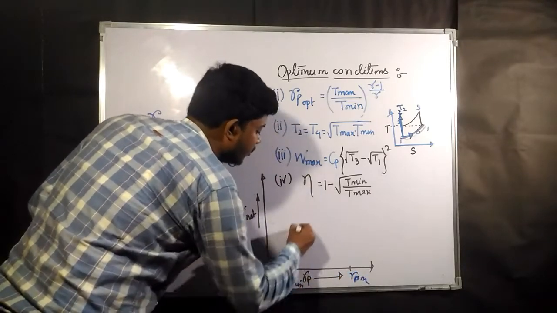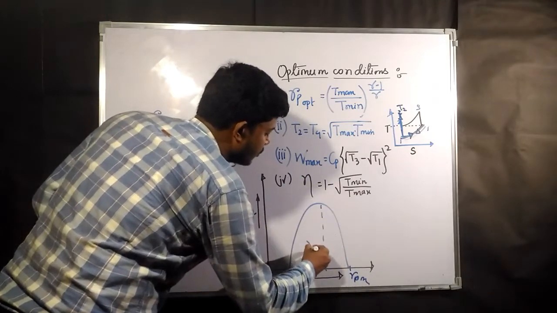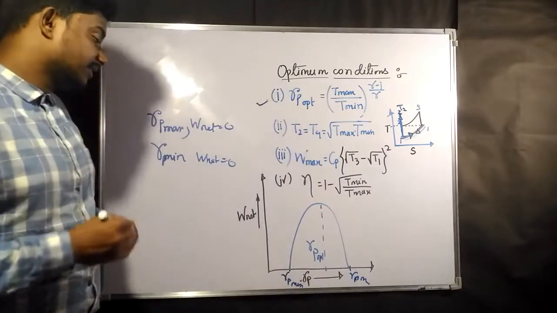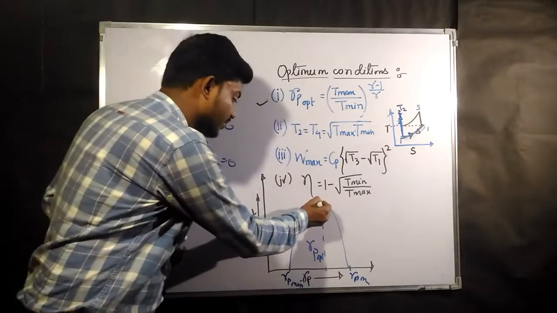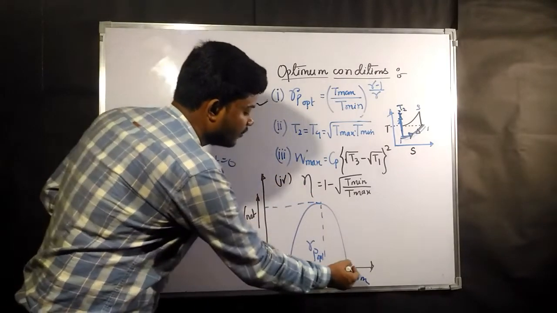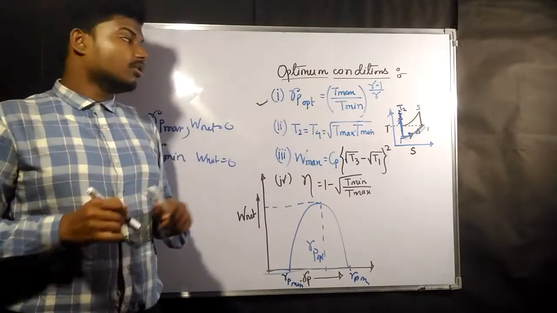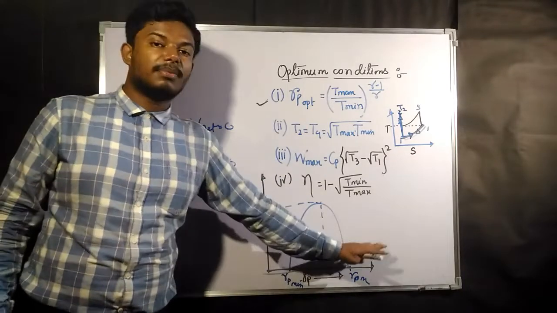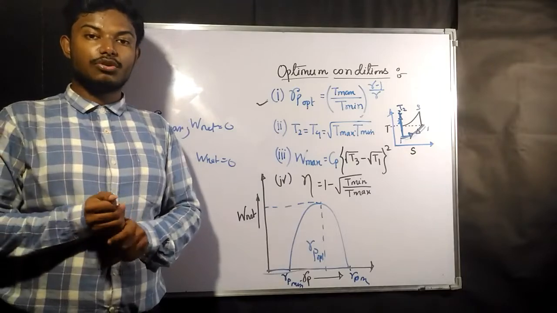If you draw a graph like this, in between somewhere there will be a point which is going to be RP optimum, and at this optimum RP the W net is going to have the maximum value. Otherwise at RP min it is going to have 0 value, at RP max also it is going to have 0 value. So these are the conditions we need to apply if we see the term maximum work output.